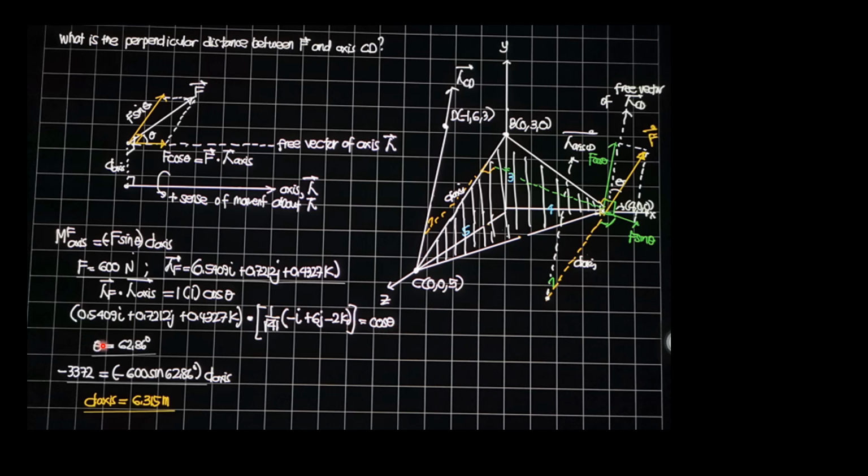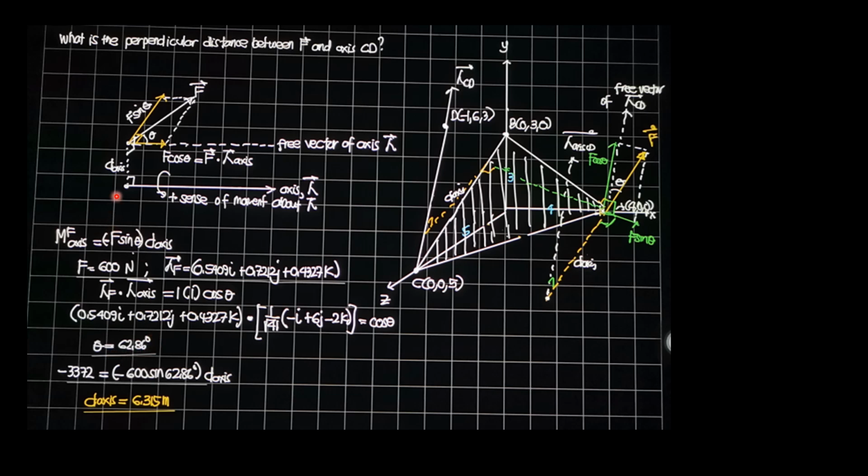Solving for theta, 0.5409 times negative 1 over square root of 41 plus 0.7212 times 6 over square root of 41 plus 0.4327 times negative 2 over square root of 41. That is a decimal value, then equals cosine theta. Solving for theta, it is 62.86 degrees.